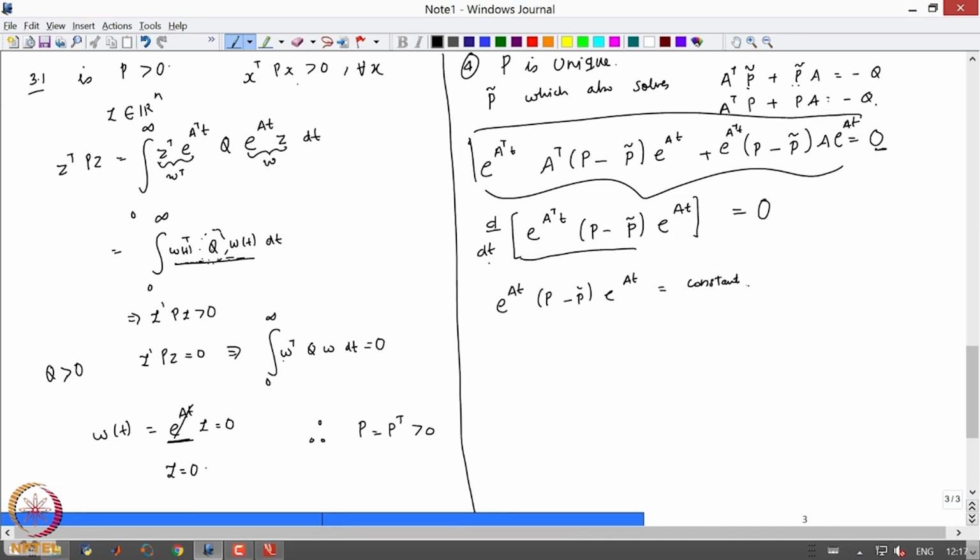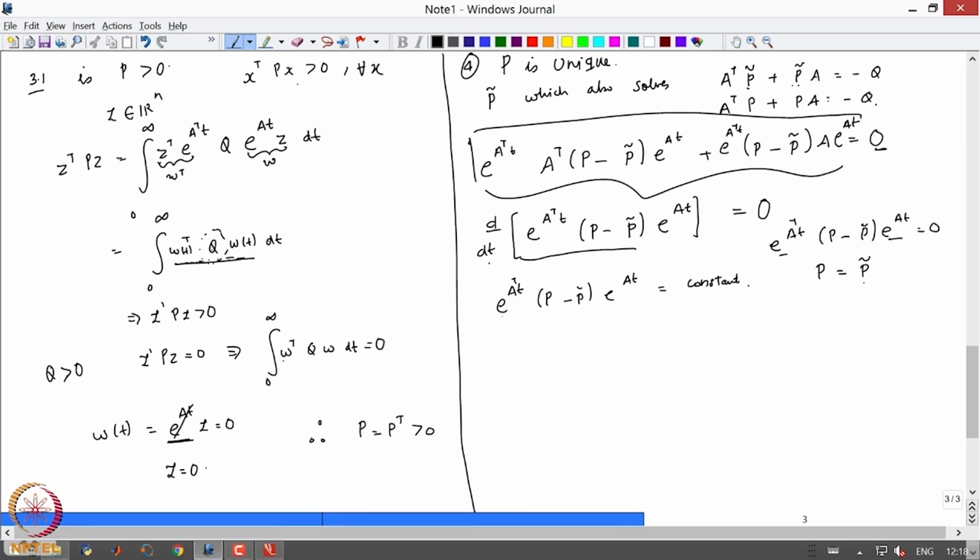Now if I show that this constant is 0, then things will be easier for me, because then P will turn out to be P tilde, that is, the other guy who comes and claims to be the solution is actually the solution itself. That is because e power A t is always invertible, right.